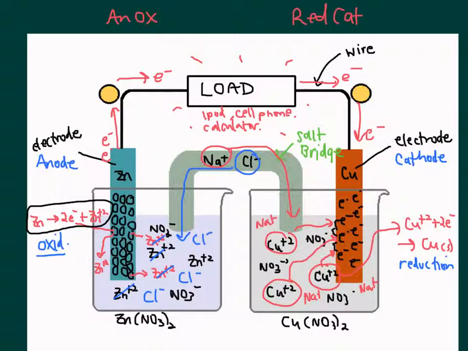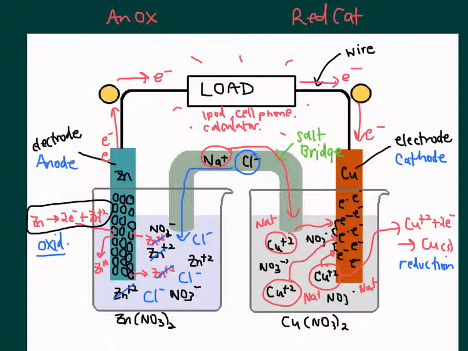So to remember that the anode is where oxidation takes place, you just remember an ox, and that where reduction takes place is at the cathode, remember red cat. So an ox and red cat will help you remember which electrode is the anode and which electrode is the cathode.